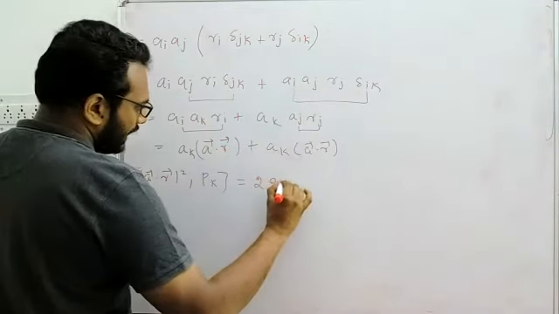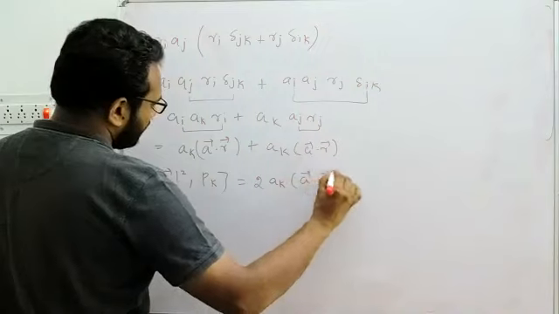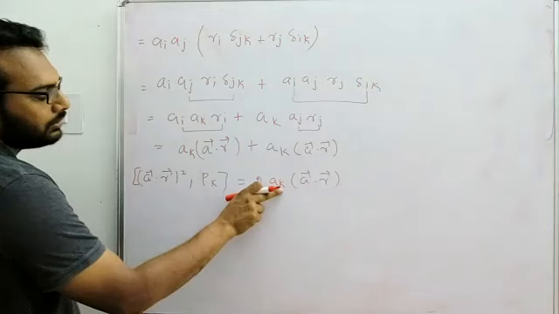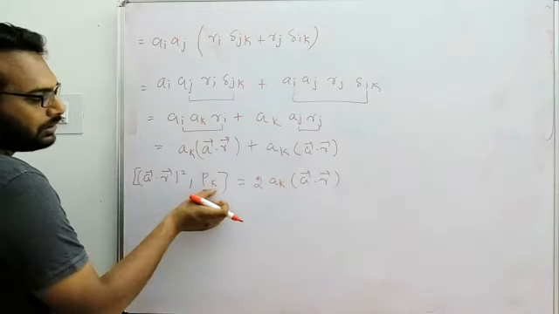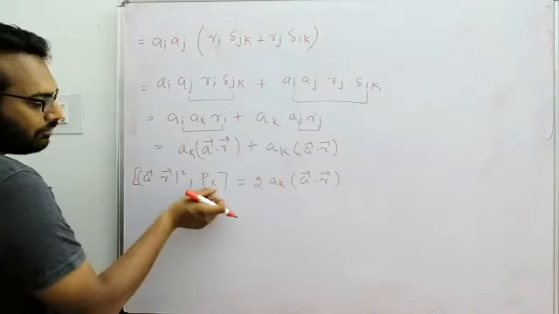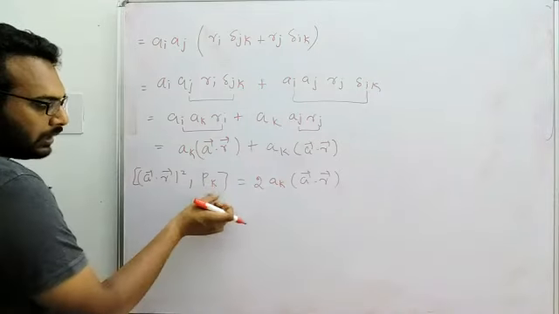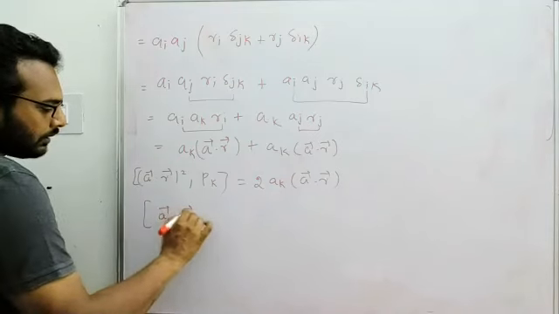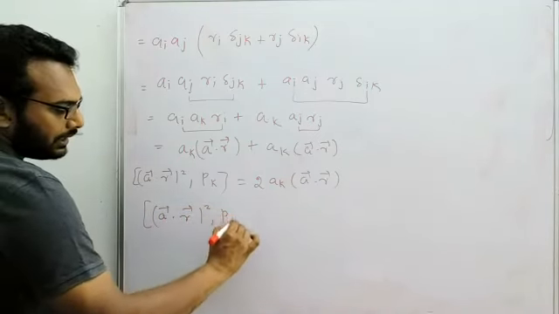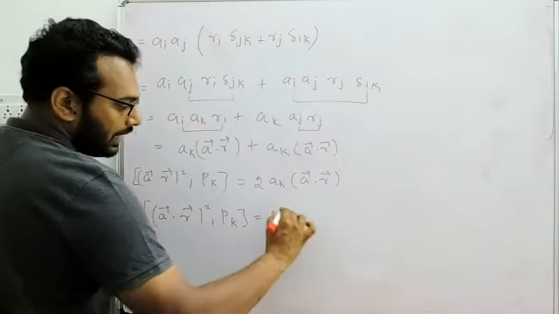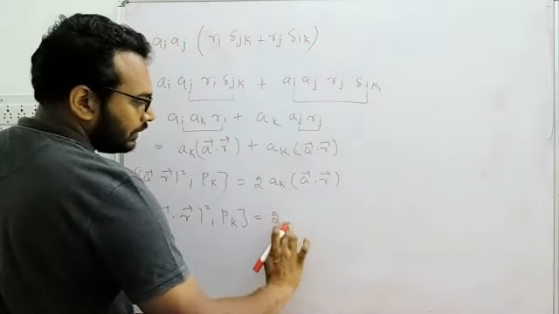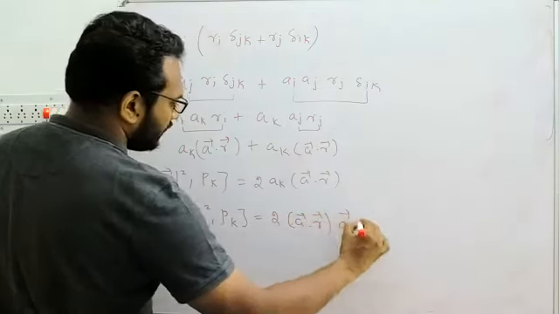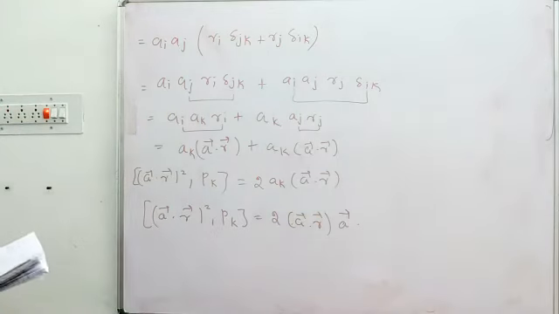Now this was just one component. If you take all the components, you will have all three: if k equals 1, you will have A_1 here; k equals 2, you will have A_2; k equals 3, you will have A_3. So you can write it in vector form: {(A·R)², P} is equal to 2 (A·R) multiplied by A vector.